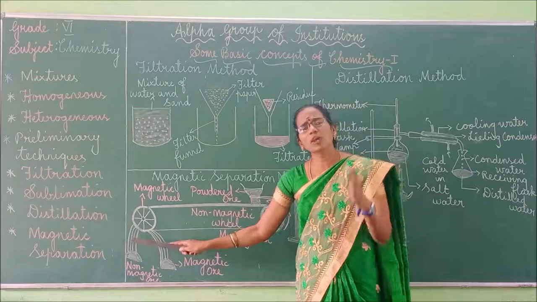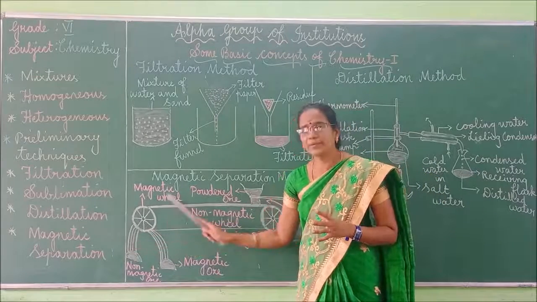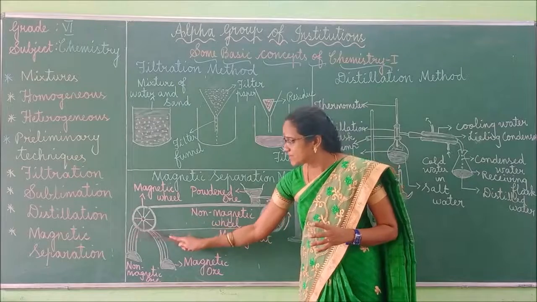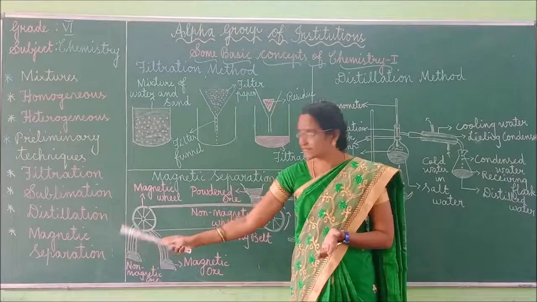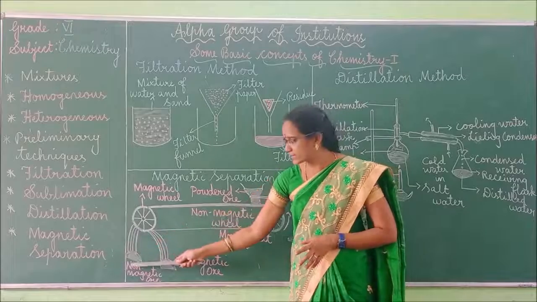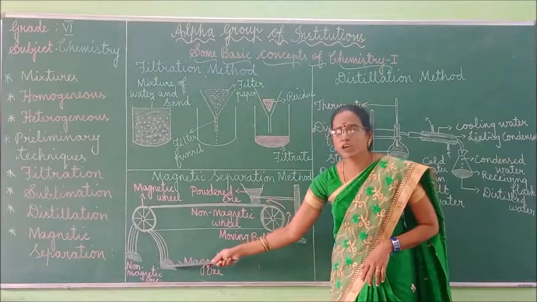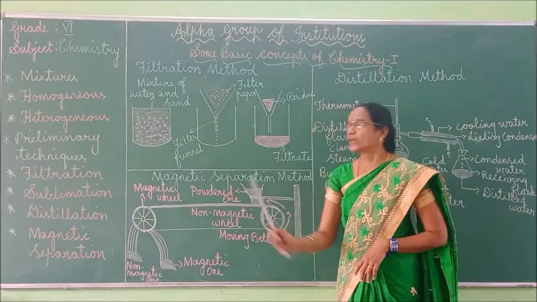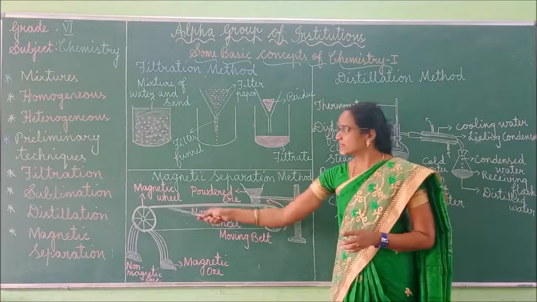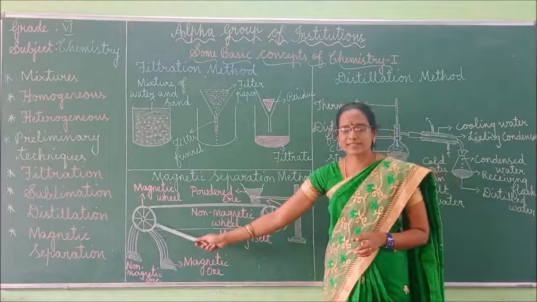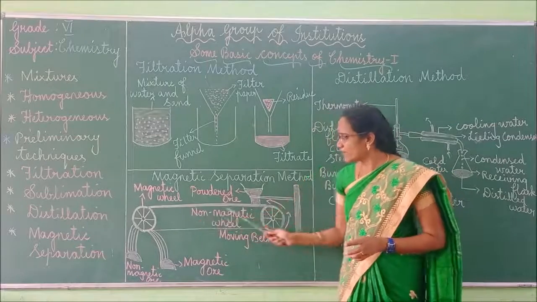All the non-magnetic materials coming from this wheel are collected separately like this. So these are non-magnetic materials and these are magnetic materials. Once again, this setup is mainly used for magnetic separation. This is the conveyor belt.